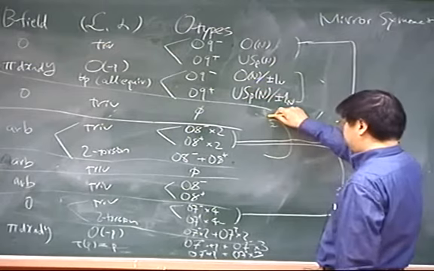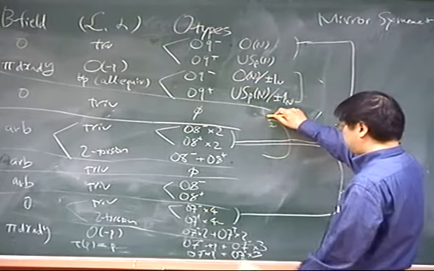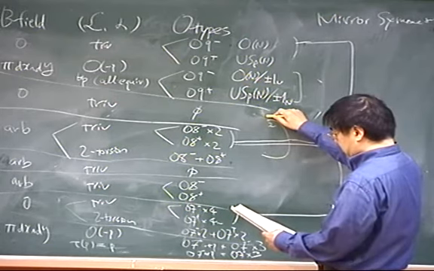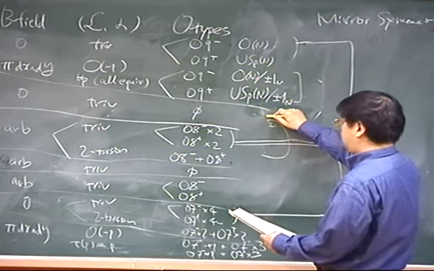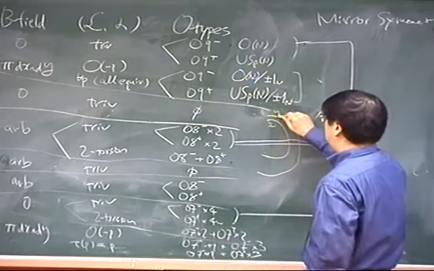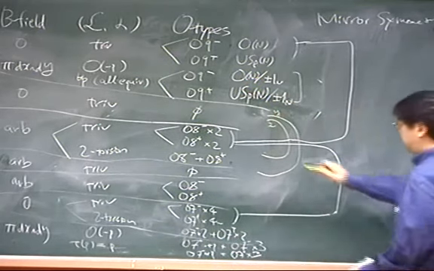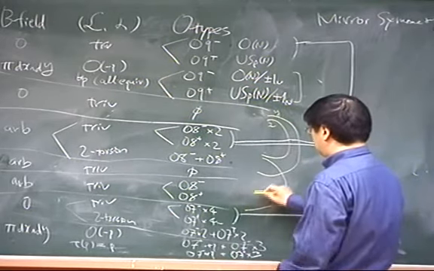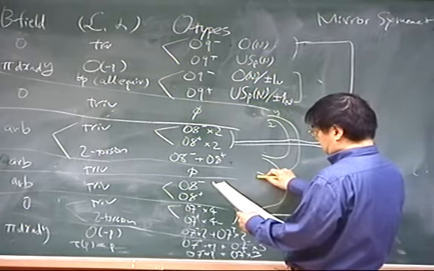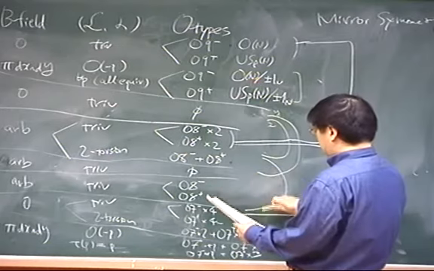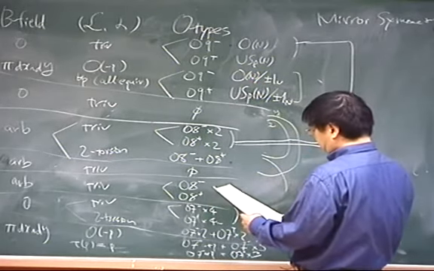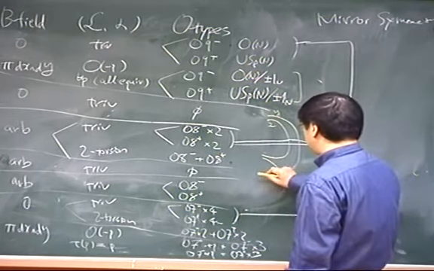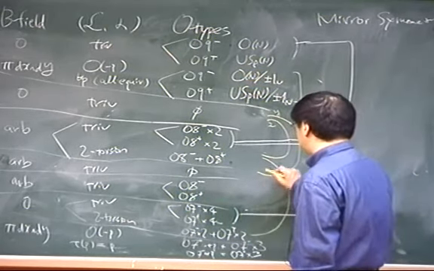Or if you do the T-duality in the Y direction, you get another thing, which is this. Okay, and then this is also related to this. Oh, I'm sorry, this is not. Yeah, this is related to both of these.